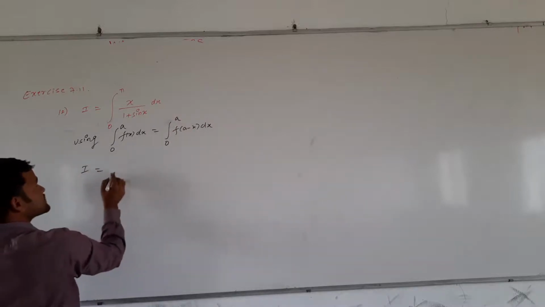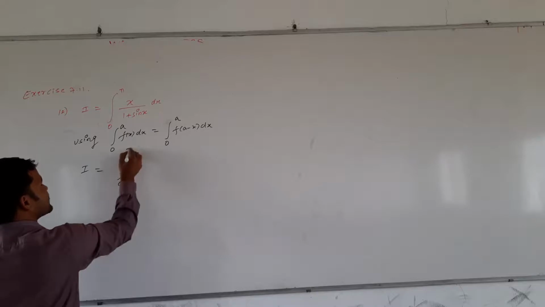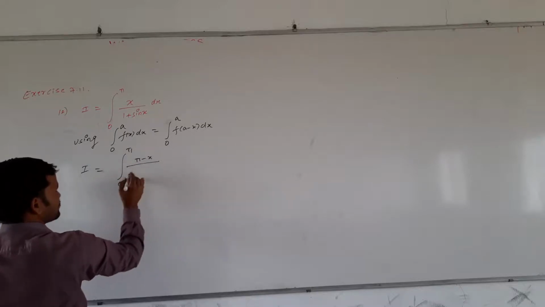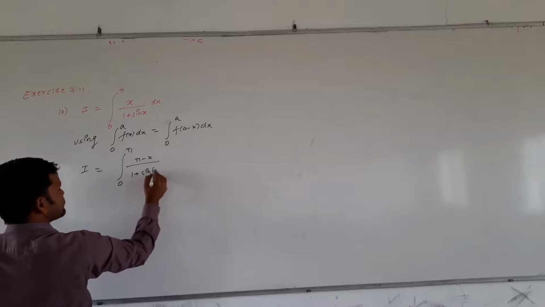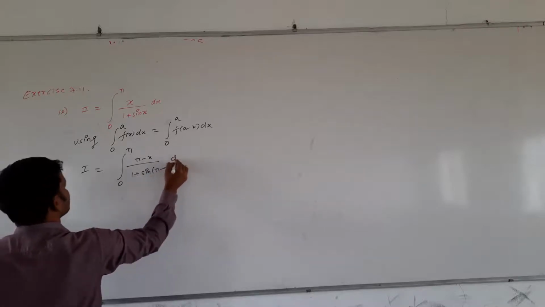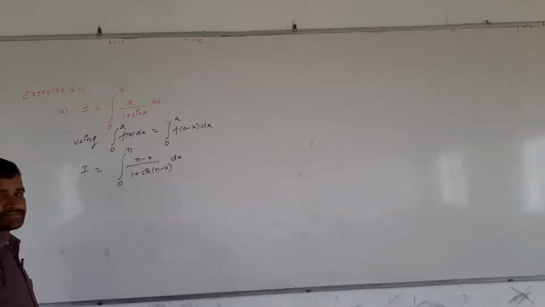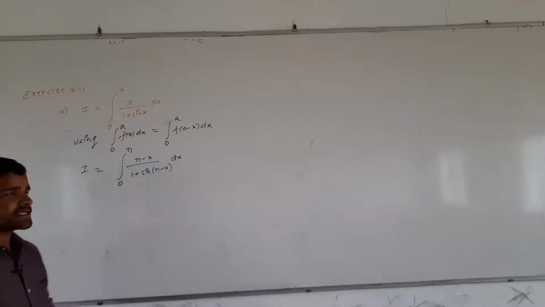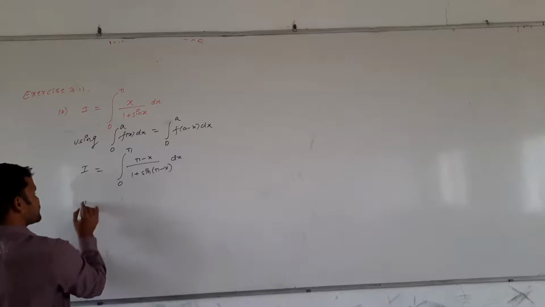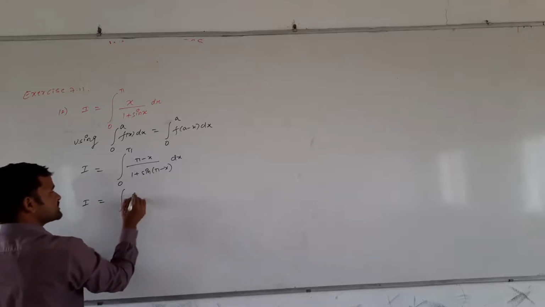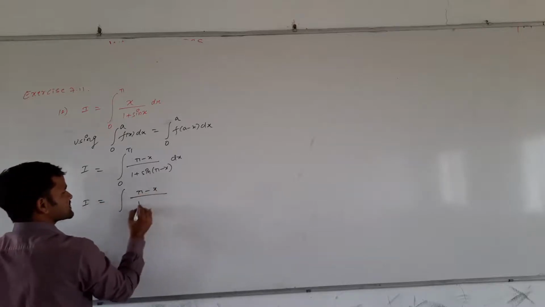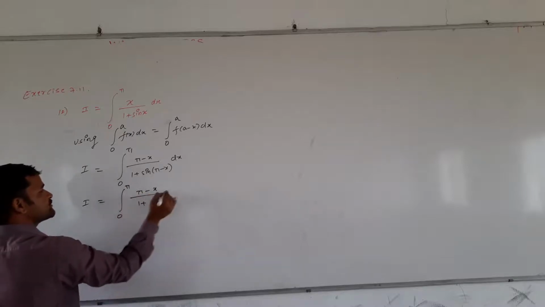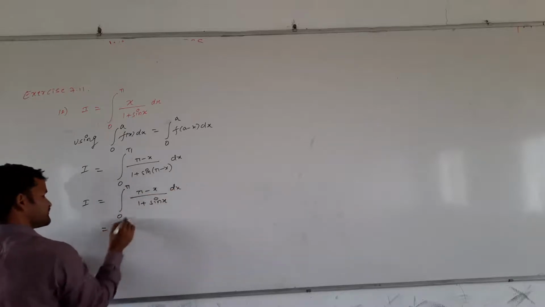This is I is equal to integrating from 0 to pi of pi minus x by 1 plus sin of pi minus x into dx. Sin of pi minus x means 180 minus x, second quadrant, sign is positive. I is equal to integration of pi minus x by 1 plus sin x from 0 to pi into dx.